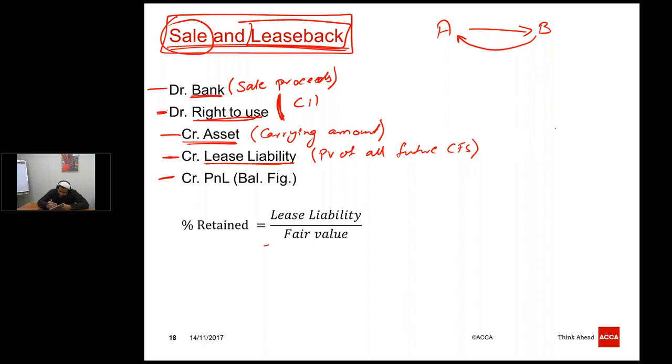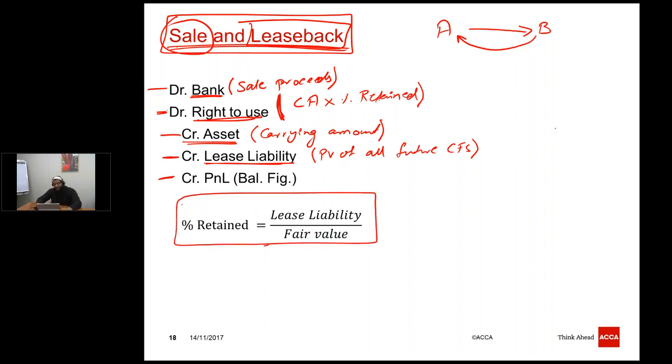By the carrying amount into the percentage that we have retained. The percentage retained is calculated as lease liability divided by the fair value. So let's look at the question and then see how we have to solve this.